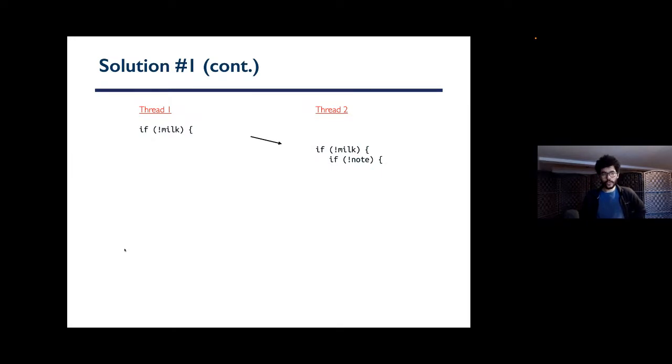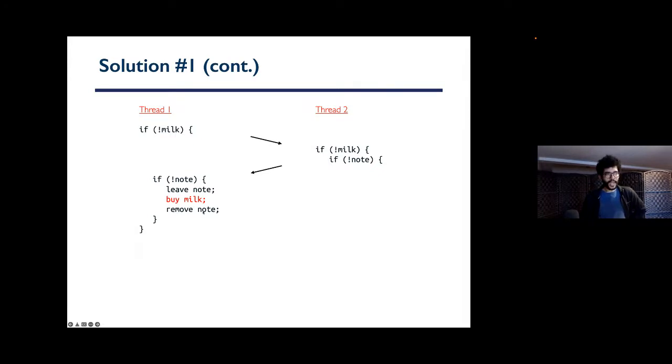But before we continue, let's say we context switch back to thread 1. It now checks for note. There is no note. So it leaves a note, goes and buys the milk, and then comes back, removes its note.